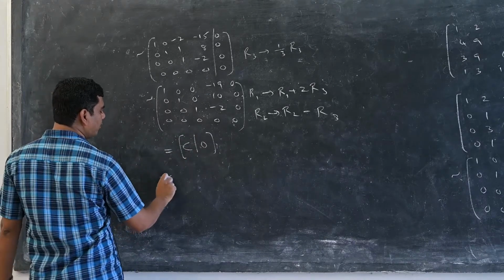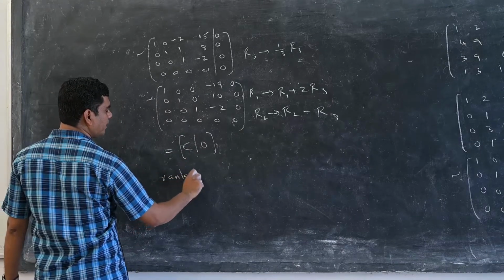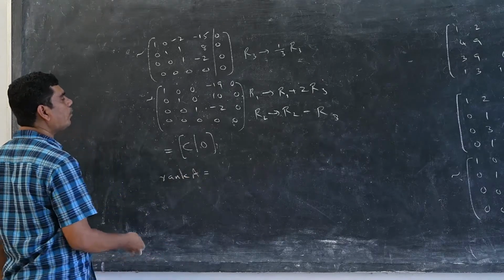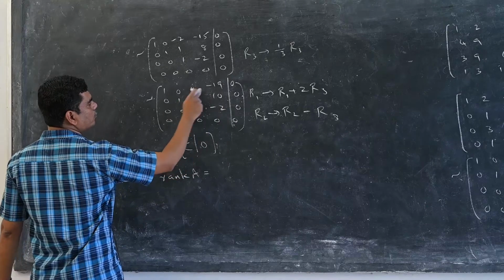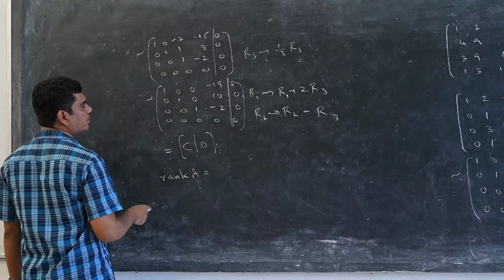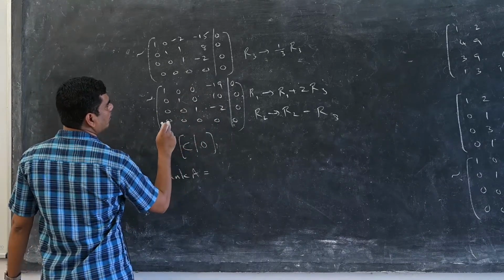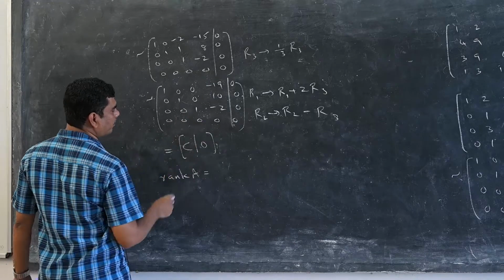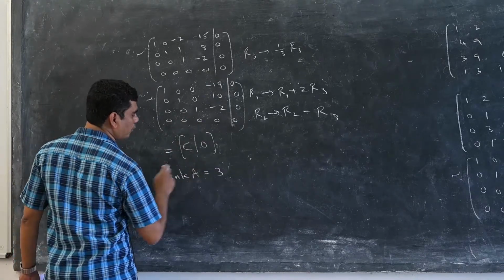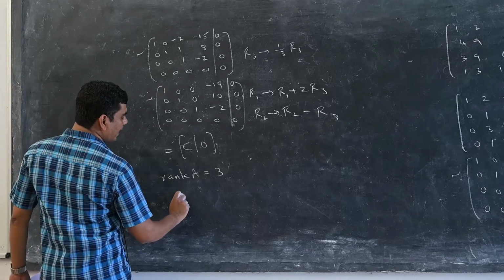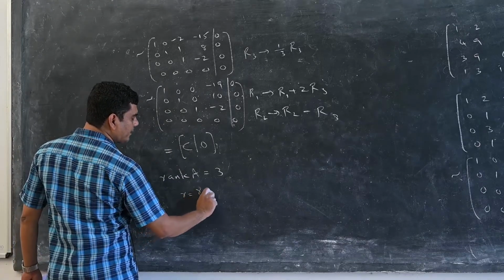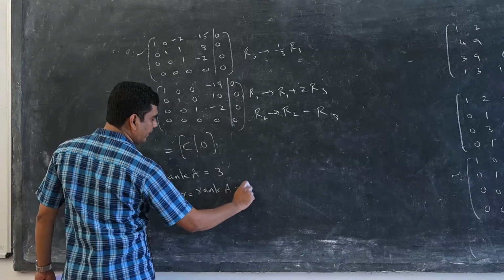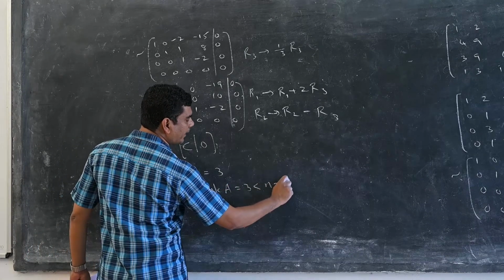Now rank A is equal to the number of non-zero rows in C. C is 1 0 0 minus 19, 0 1 0 10, 0 0 1 minus 2, 0 0 0 0. So number of non-zero rows: here there are 3 non-zero rows. Now rank A is equal to 3. It is less than n is equal to 4.